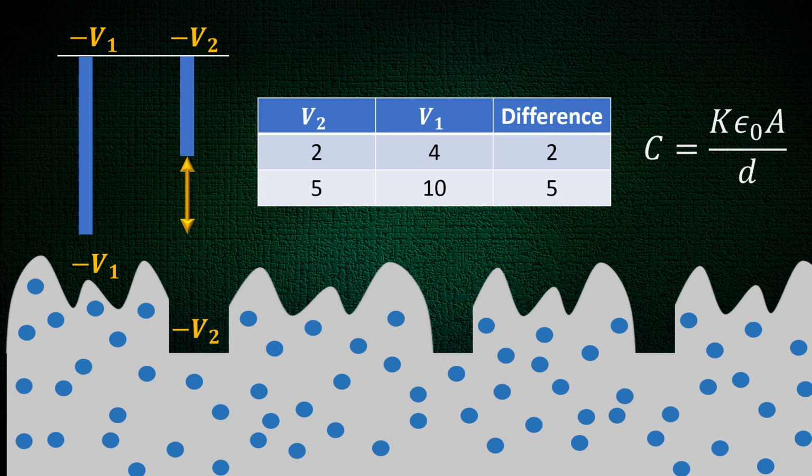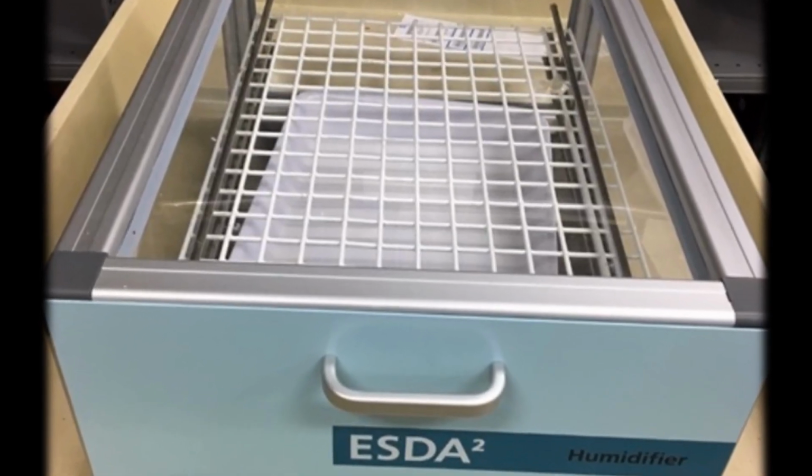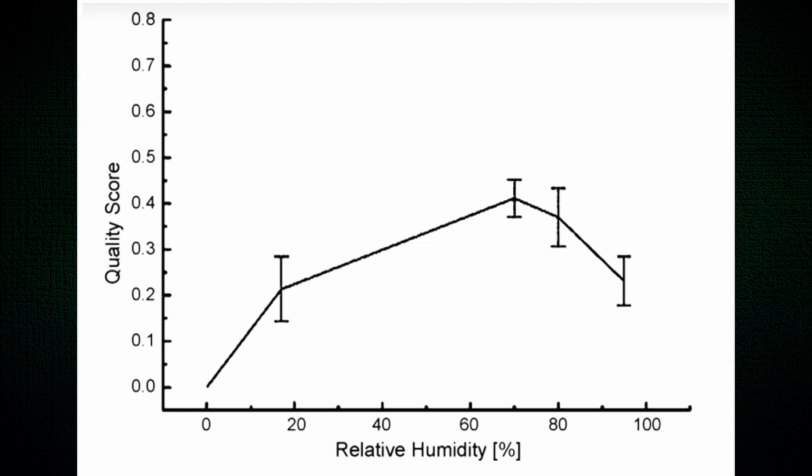And this is the result of combined effect of thickness variation and increment in dielectric constant of the paper. That's why when we humidify the paper, we get a larger potential difference, because of which we get better results. Now according to the reports, we get good results till we are keeping the humidification up to 70%. After that, we see a decrement in the results.